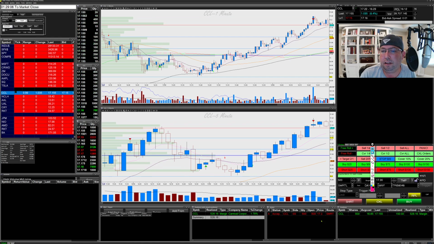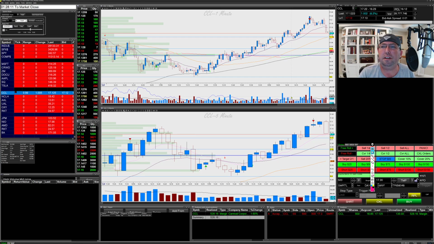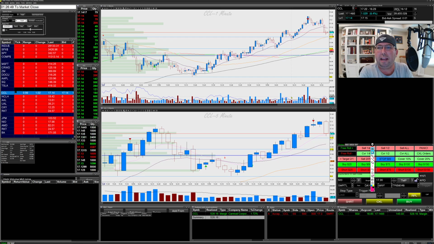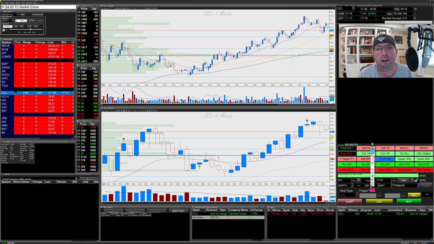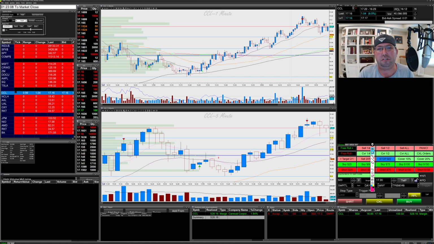The reason I'm choosing 1730 is it's only another 10 cents away, and it's already 2:30 in the afternoon. CCL's average trading range is generically only around $1, maybe 80 cents or something like that.